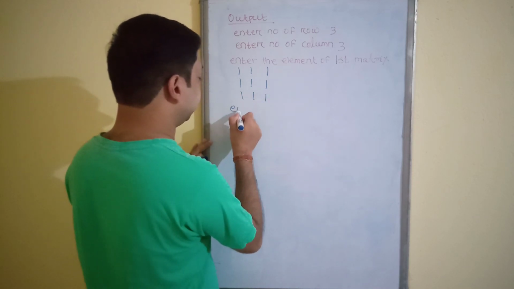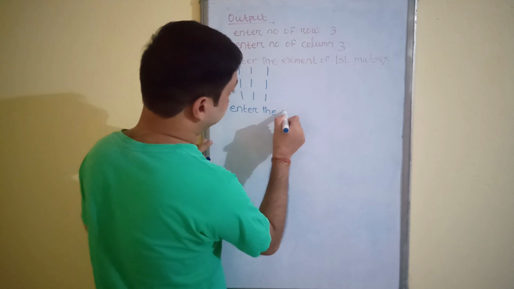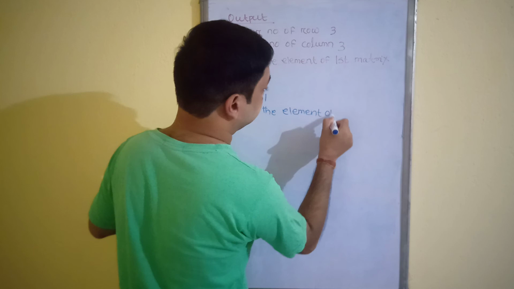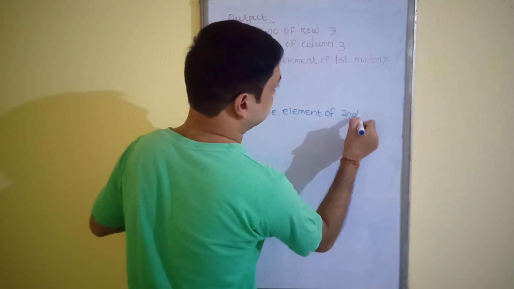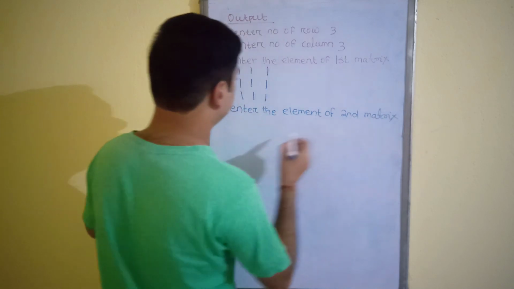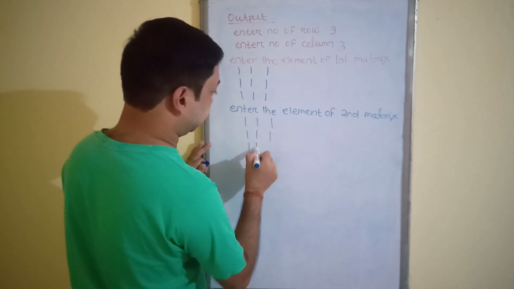Similarly, enter the elements of second matrix. It is again 1 1 1 1 1 1 1 1 1.